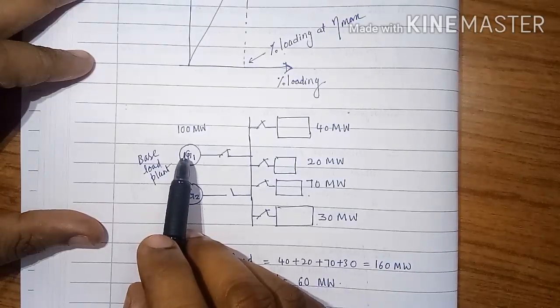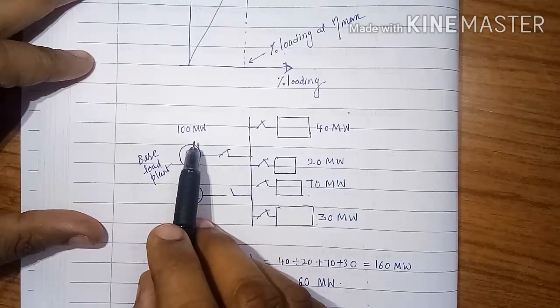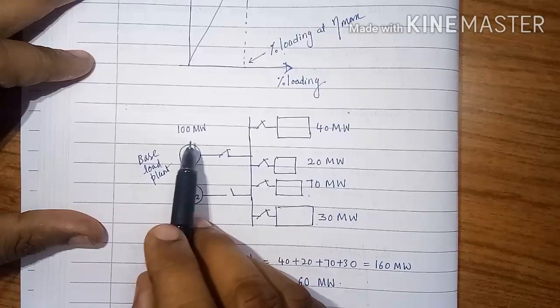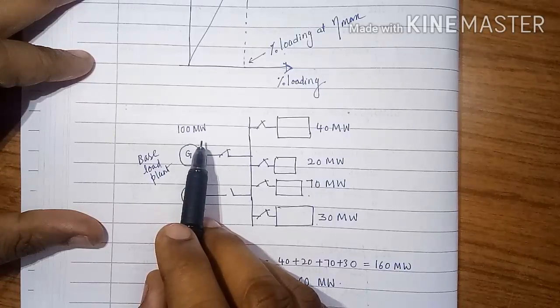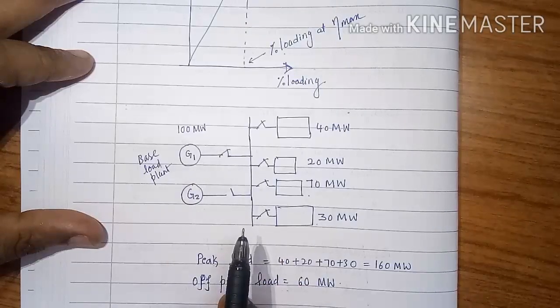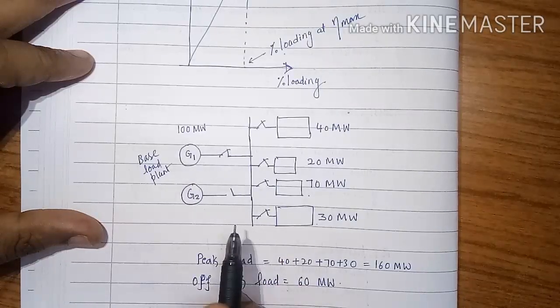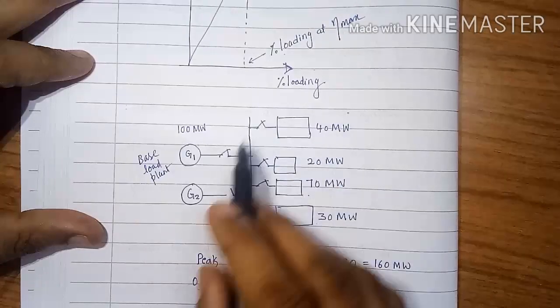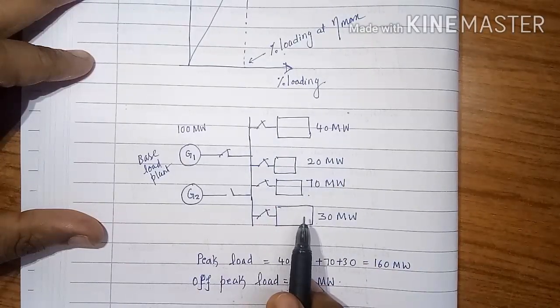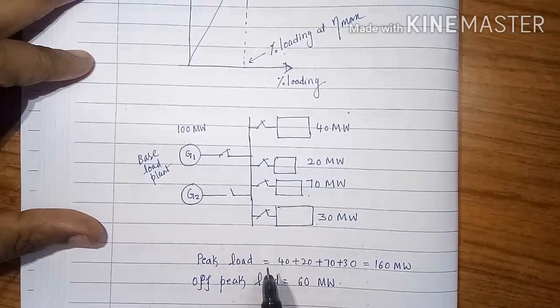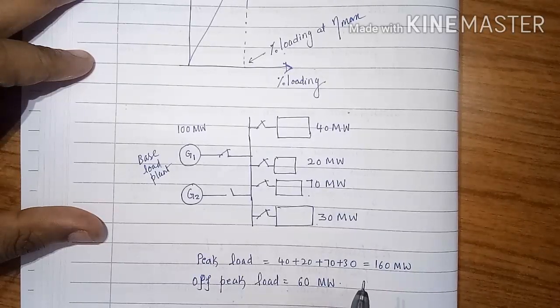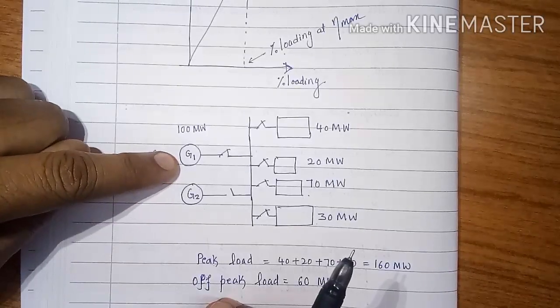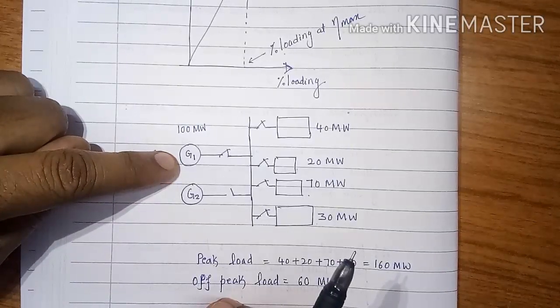When it operates very close to 100 megawatt or at 100 megawatt, it will be having better efficiency. But when the total load on the system becomes more than 100 megawatt, say 160 megawatt, this generator alone cannot supply the load.